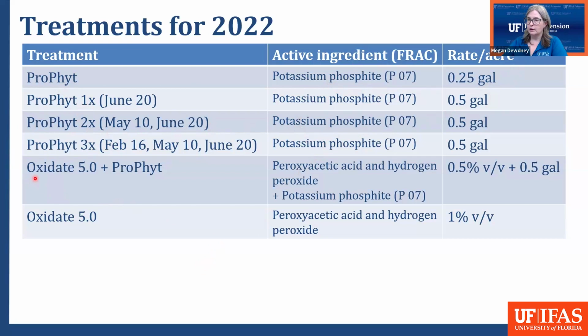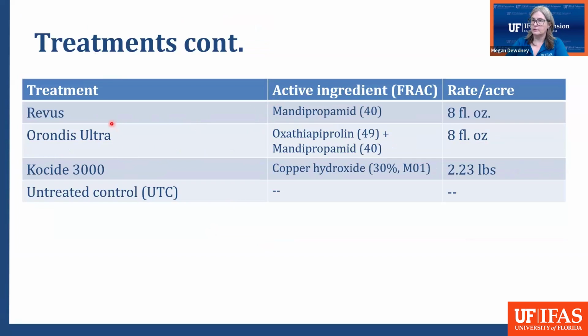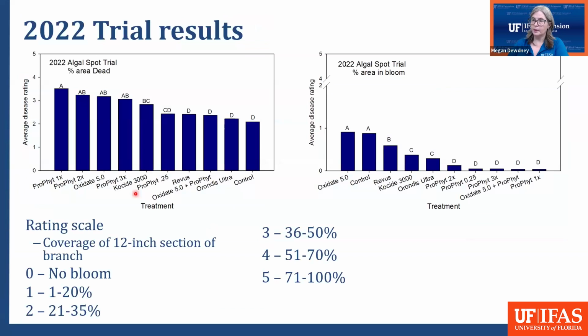We then also looked at alternate products, oxidate 5.0 with prophyte, and you can see the rate here, 0.5 volume to volume with a 0.5 gallon, and then just the oxidate by itself at 0.1 volume to volume, and that's a mix of hydrogen peroxide and peracetic acid. We then looked at Revis and Arondis Ultra, and then copper again, and then compared everything to an untreated control.